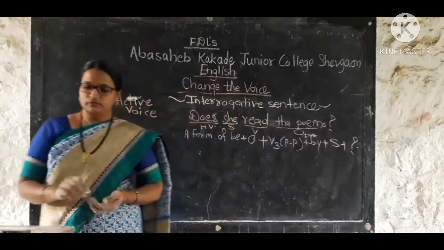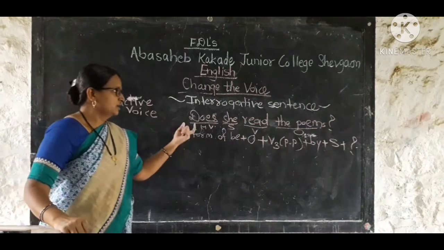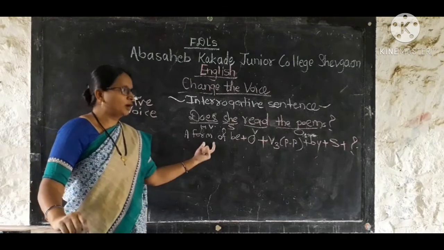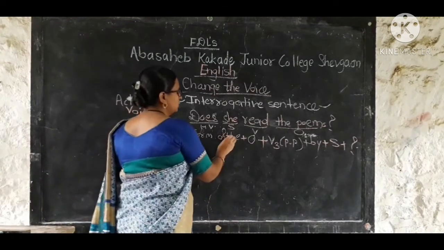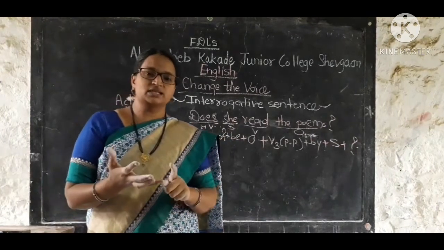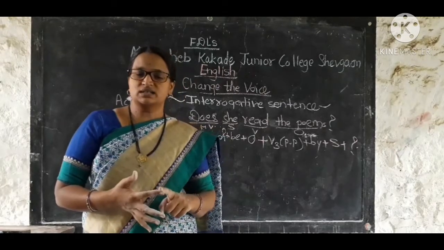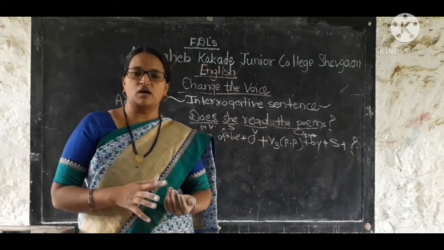Now we have to turn the same sentence into passive voice. Now here we have to first use a form of be. What are the forms of to be? In present tense we have am, is, are. Then in past tense we have was, were, and in future tense we have shall or will.